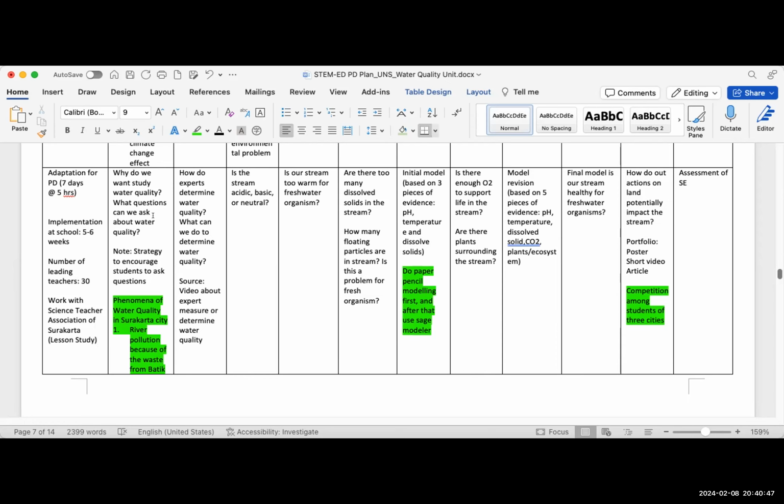For example, first we have general training content. We will introduce project-based learning, STEM, and scientific explanation to teachers.